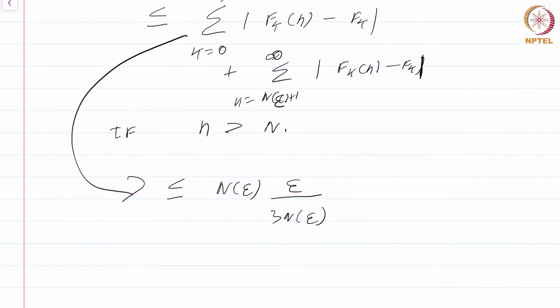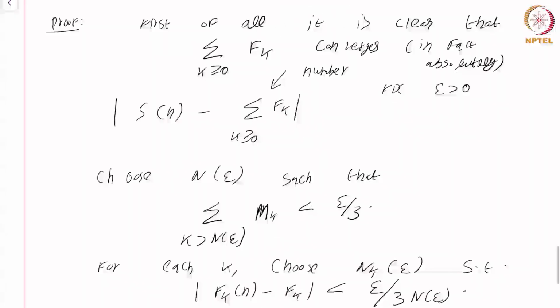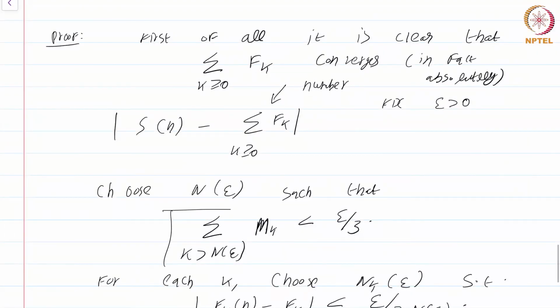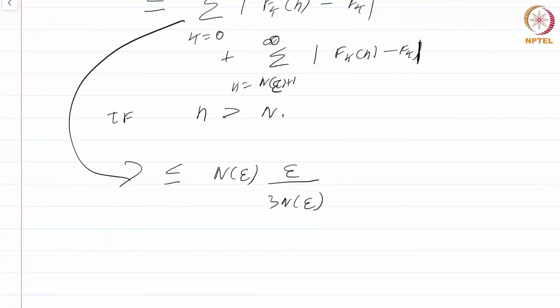Now what about this second term, where you are summing from N epsilon plus 1 to infinity? Recall that N epsilon was chosen to make the tail of the series summation M_k really small. And here you have f_k^n minus f_k. We know that the absolute value of f_k^n is less than M_k, and the absolute value of f_k is less than or equal to M_k.